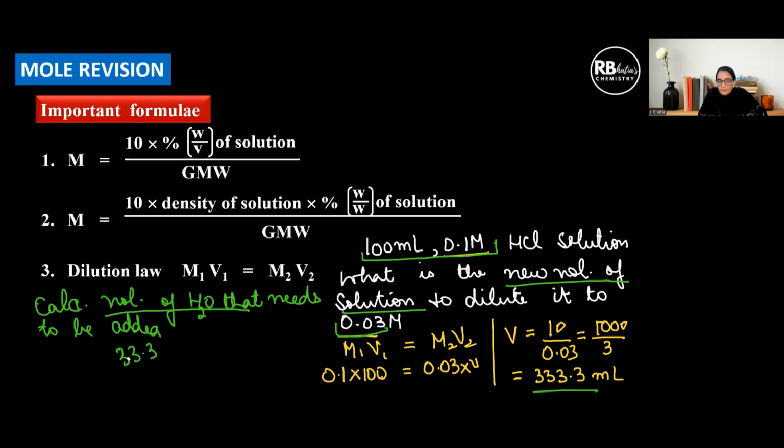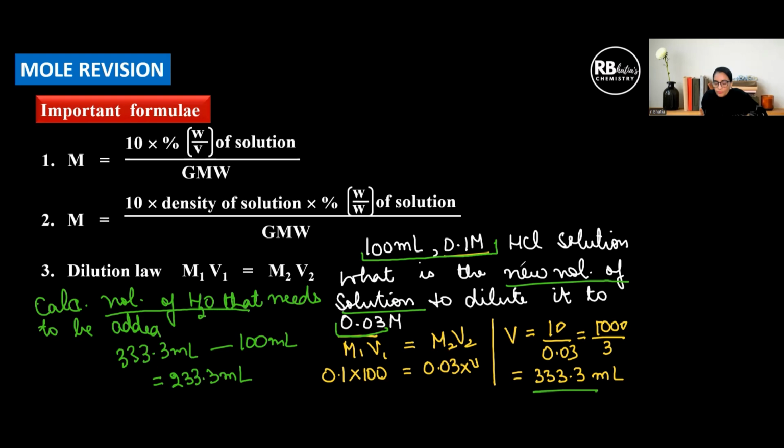Original volume of solution was 100 ml, right? So what is the volume of water that needs to be added? The volume of water that needs to be added is 233.3 ml. Please note this difference.